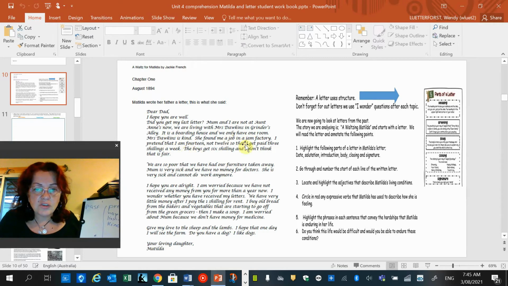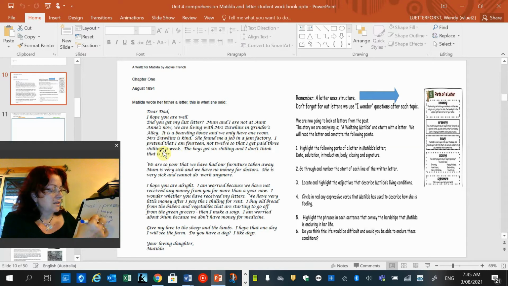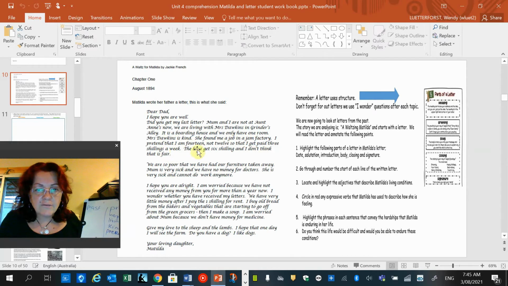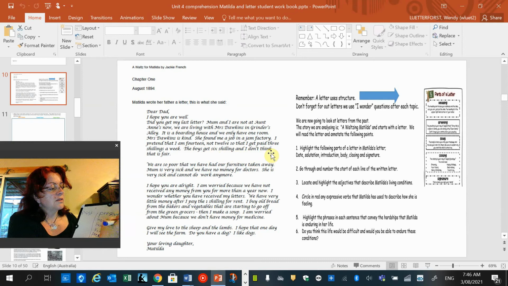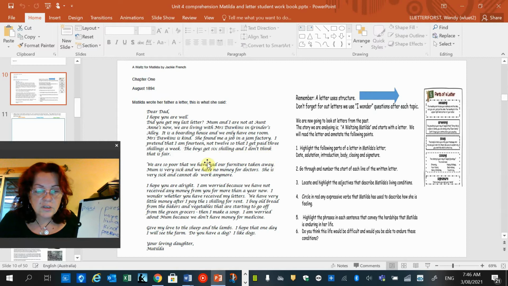She found me a job in a jam factory. I pretend, she's doing that now. That I am 14, not 12, so that I get paid. She's getting paid in the future, so that one's in the future, get, and then paid. 3 shillings a week.